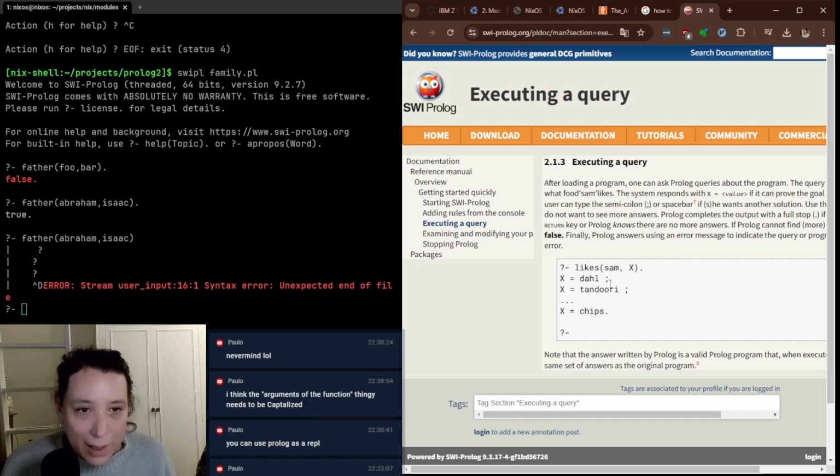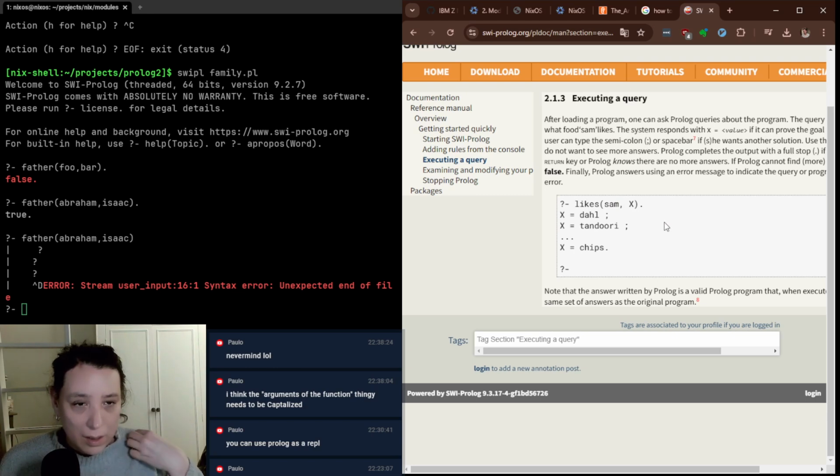Like Sam, comma X. Dot. X equal semicolons.